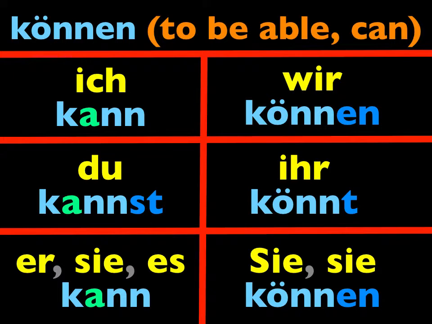This verb is a little different than other verbs we've dealt with so far. Notice, for example, on the left-hand side of the chart, the singular forms. Ich kann, du kannst, er kann. Notice the vowel change.